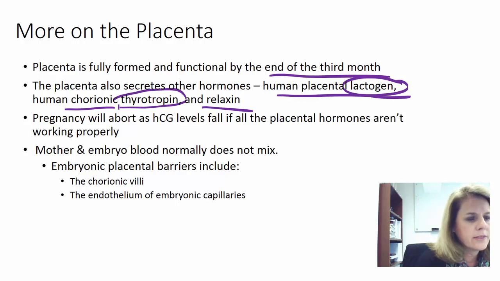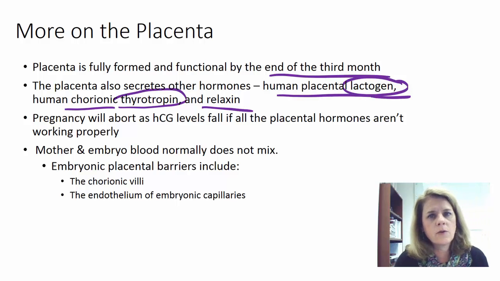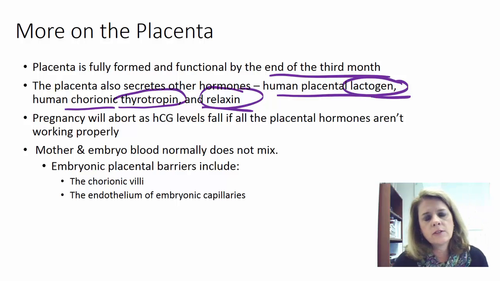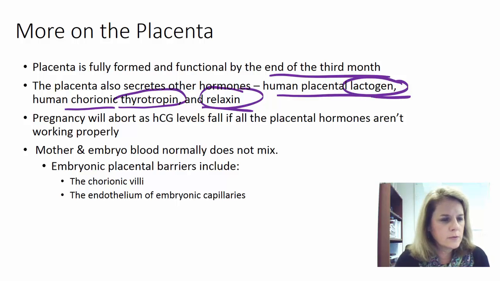The thyrotropin is like thyroid hormone, so it's acting as thyroid hormone. And then relaxin is something that, especially at the end of pregnancy, will start to relax the ligaments and allow for delivery, so that the pubic bones can start to separate a little bit and get everything ready for delivery. So it does make some hormones.